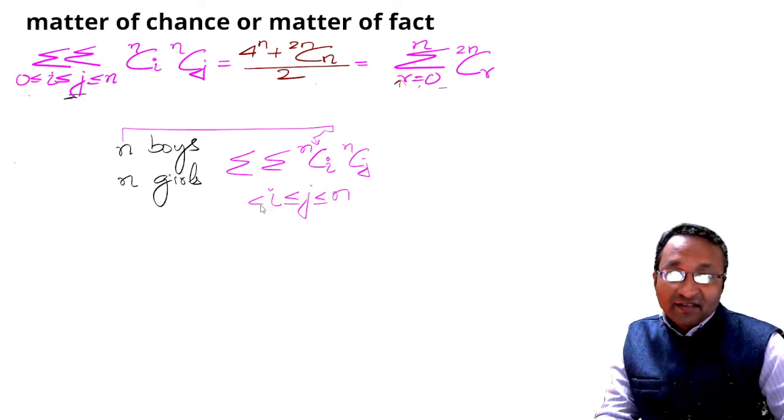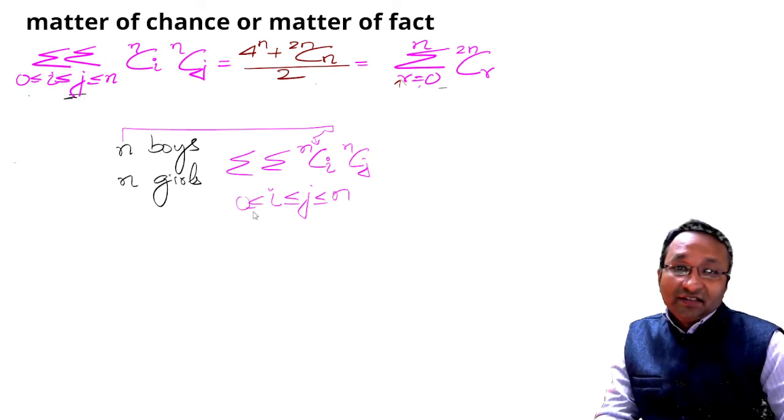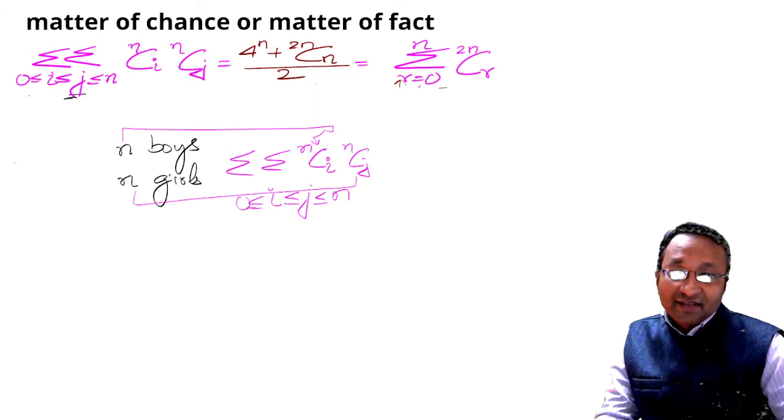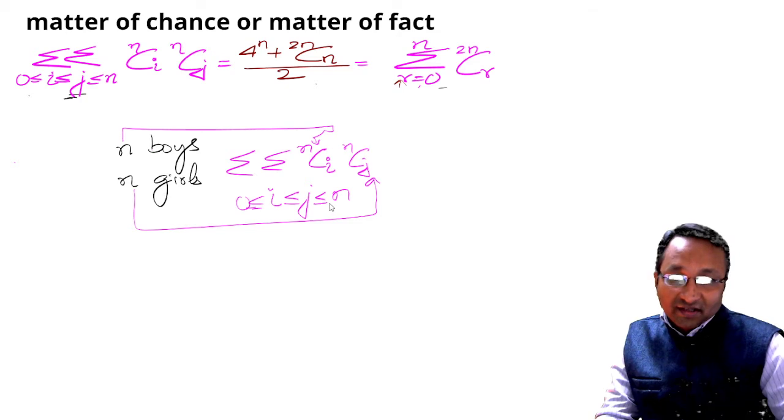So that basically is my left hand side. Select I boys and J girls, but ensure that the number of boys is less than or equal to the number of girls.